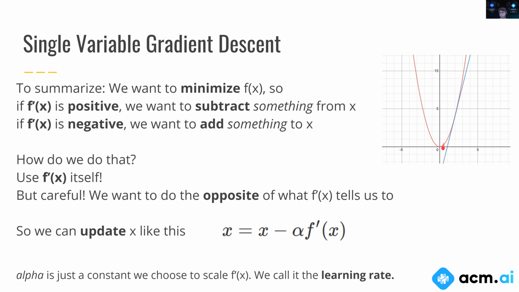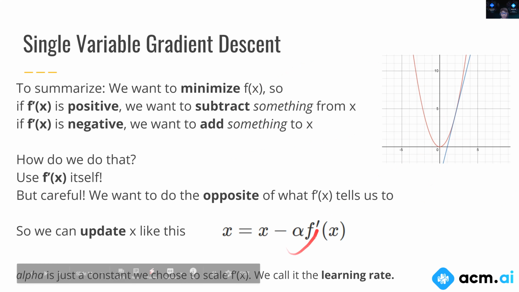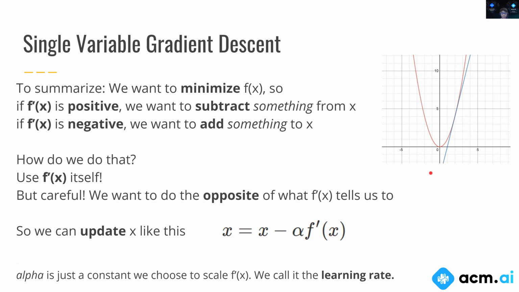It's not in this case, of course, but for a different function, it could be 10,000. Then if I subtract 10,000 from 0.1, I'll end up way overshooting my target, and I won't end up near my minimum. So this alpha helps us control how much we update x, and helps us reach this minimum more smoothly.